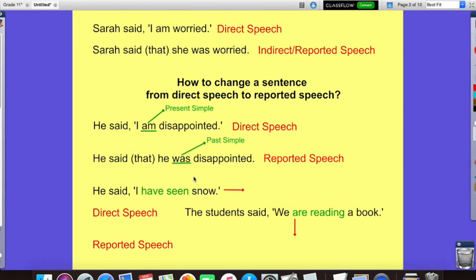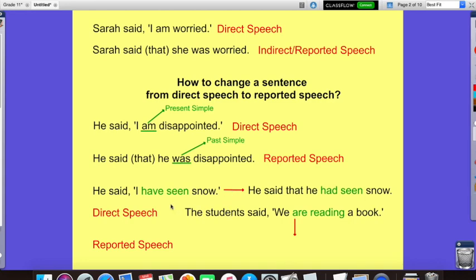Another example, he said, "I have seen snow." In reported speech, we say, he said that he had seen snow. Notice the present perfect simple, have seen, changes to the past perfect simple, had seen.